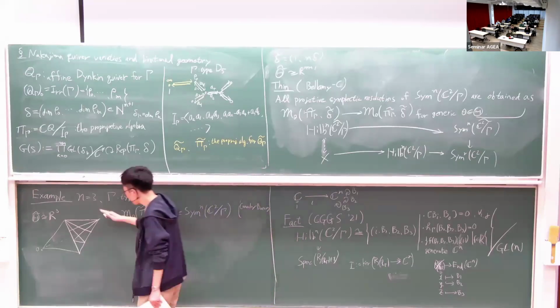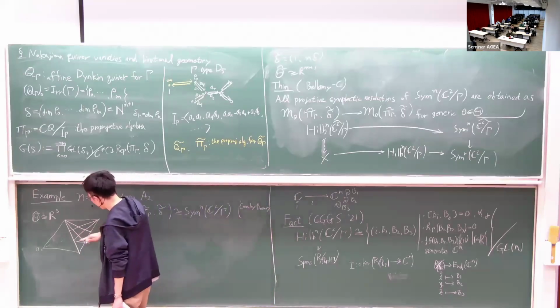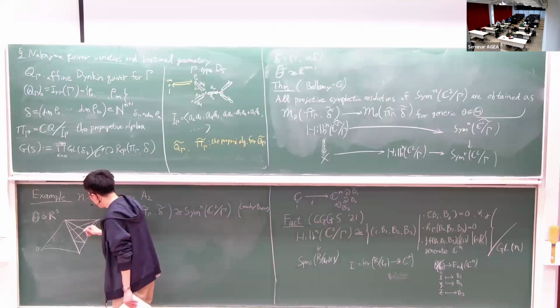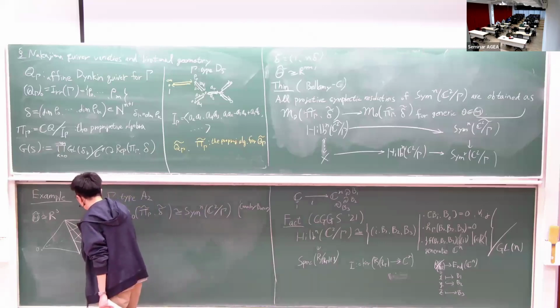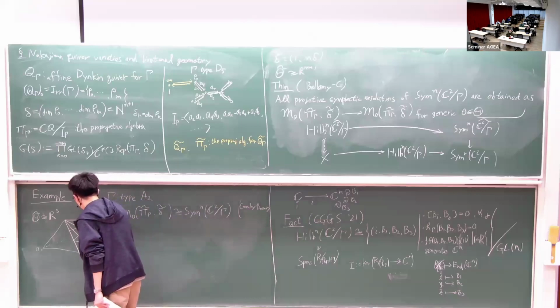And there are many GIT chambers, but among them there are some special distinguished chambers, C minus and C plus.